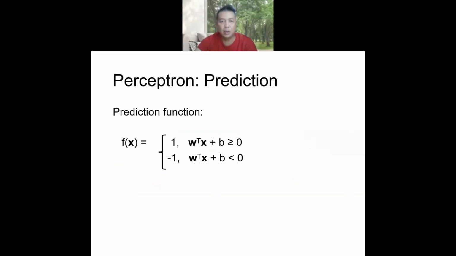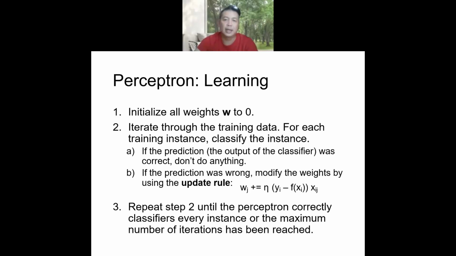In summary, what you need to understand is that for the perceptron prediction, we look at the sign of the computation of the weights and the input. If it's greater than or equal to 0, it is positive, and if less than 0, it is negative. You also have to look at the update rule. This is the basic formula.